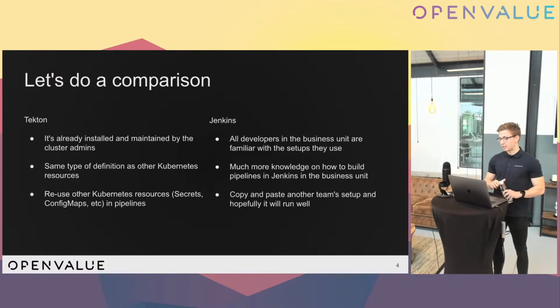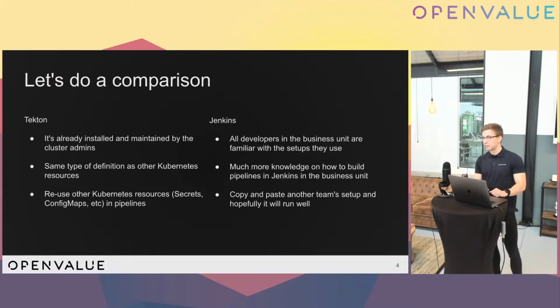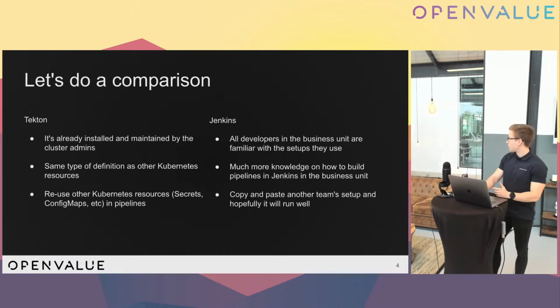As far as Jenkins goes, pretty much every developer has encountered Jenkins, and all developers at that company in the business unit were familiar with the setups and knew how to use Jenkins. And there was much more knowledge on how to build pipelines in Jenkins in the business unit. And there was almost no experience using Tekton. So that was a real downside for using Tekton.